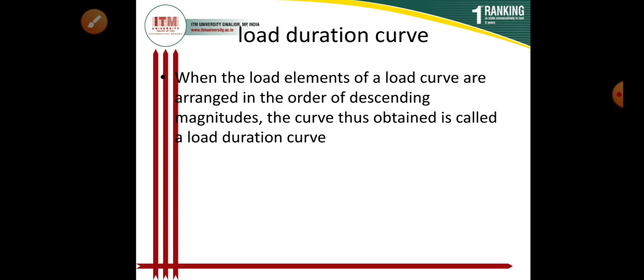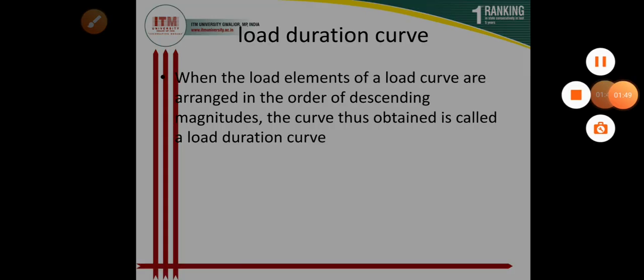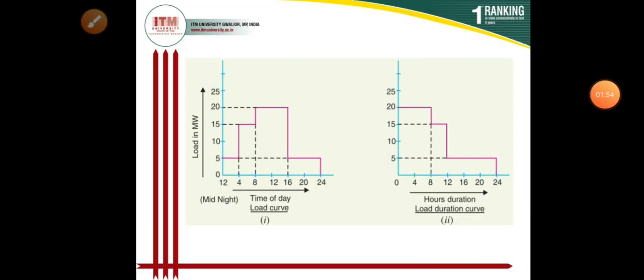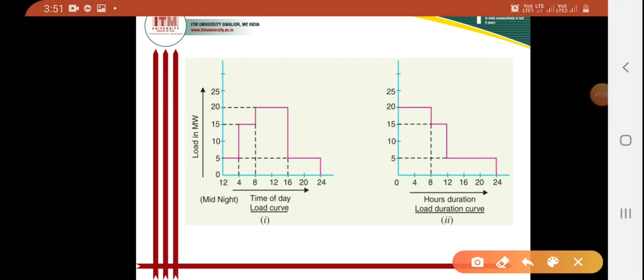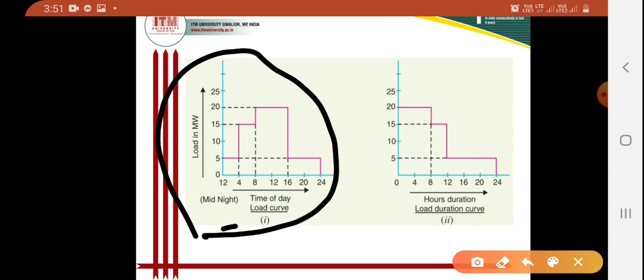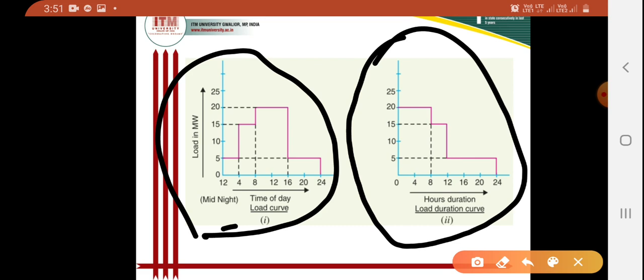Now coming to the plot by which you can understand. See this plot. In this plot I am showing our load curve, and this is our load duration curve. This axis is load in megawatt.